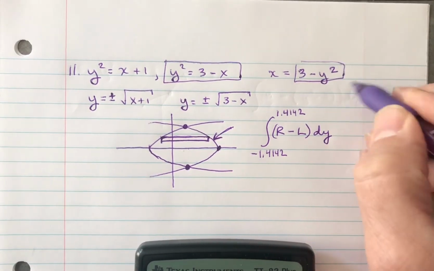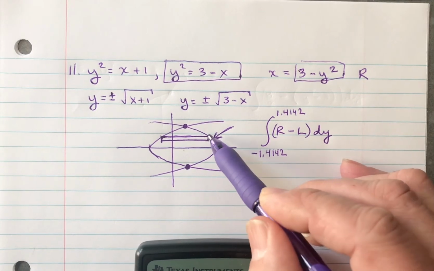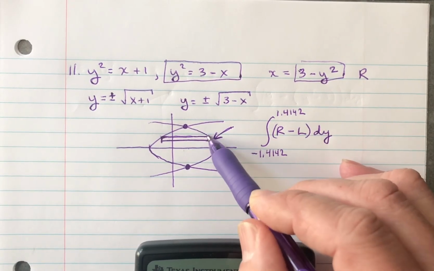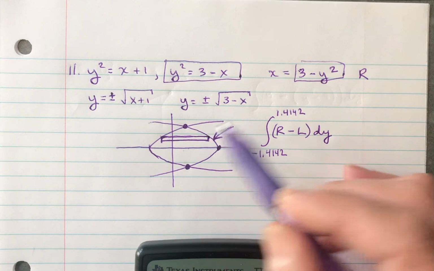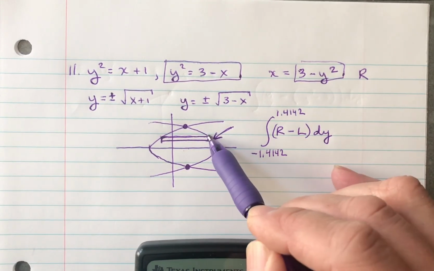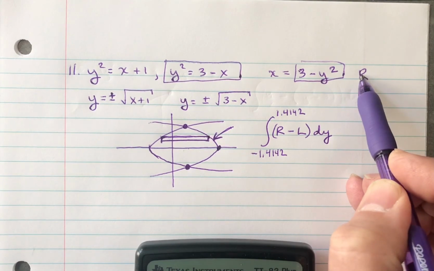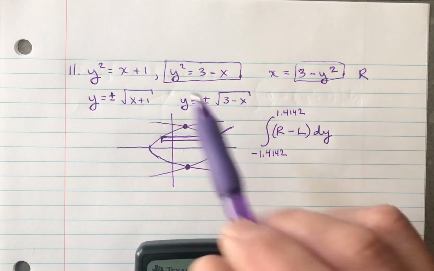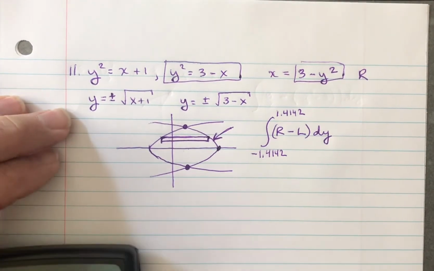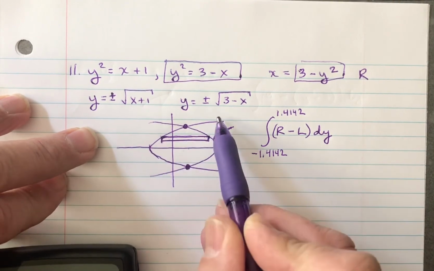And that is the right edge of that rectangle here. So when I do right minus left, this is my x value that corresponds with the right.